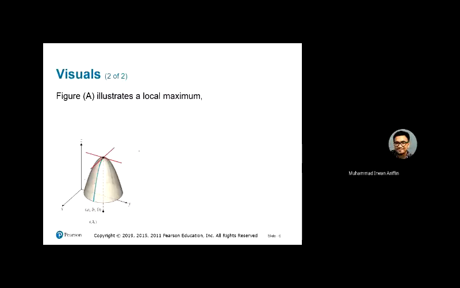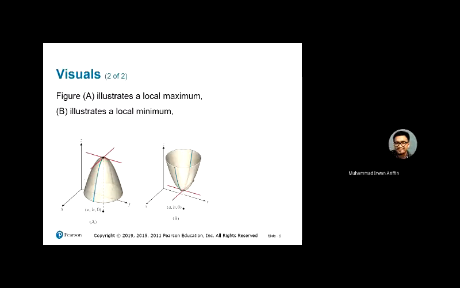To visualize this, figure A illustrates a local maximum, where the point a, b is the highest compared to all other points on the surface.